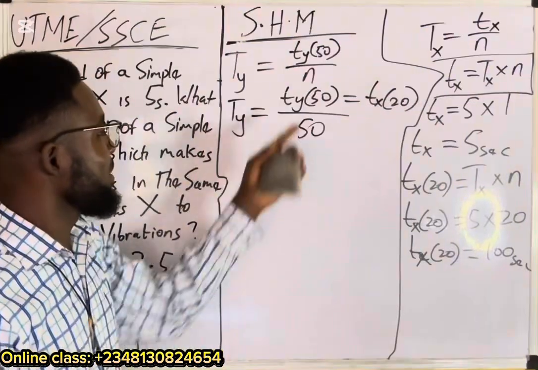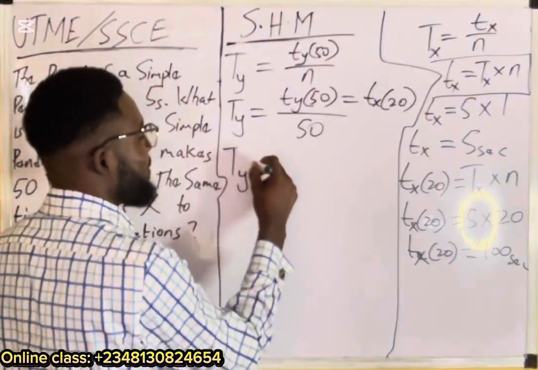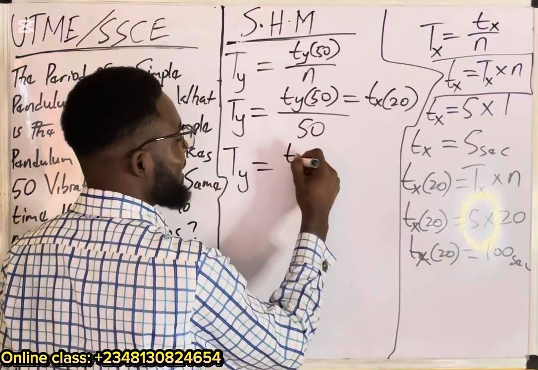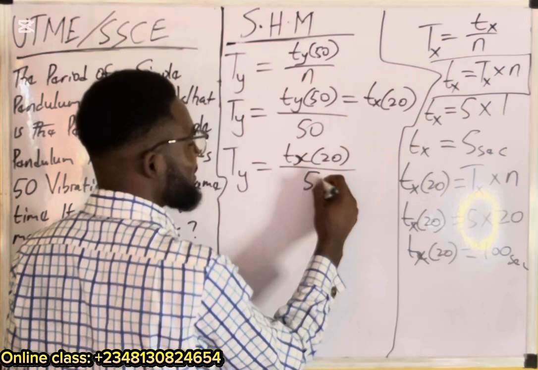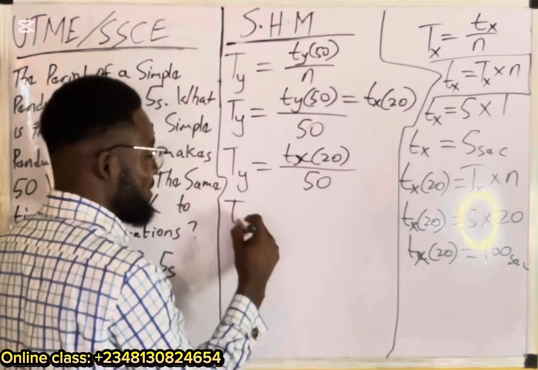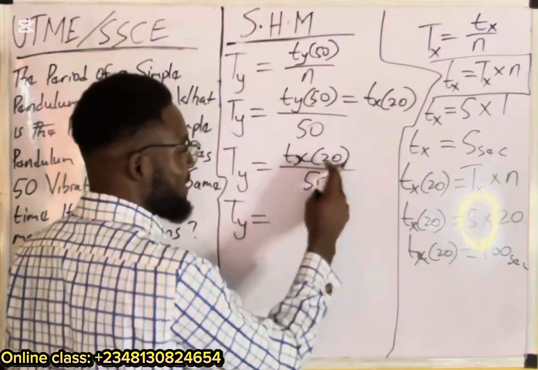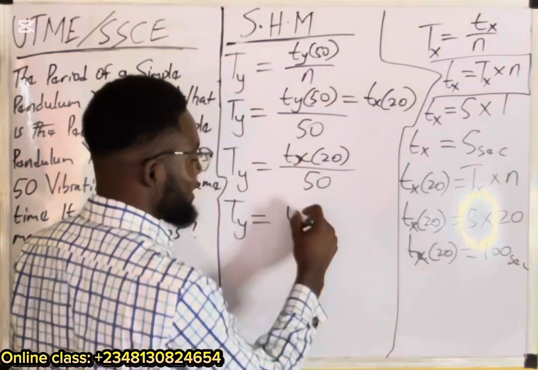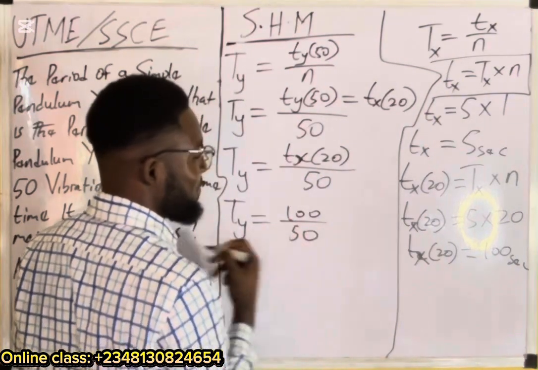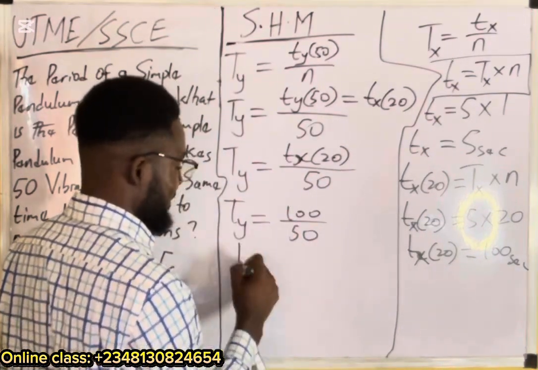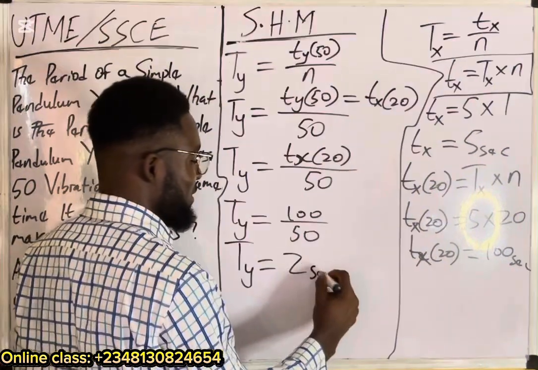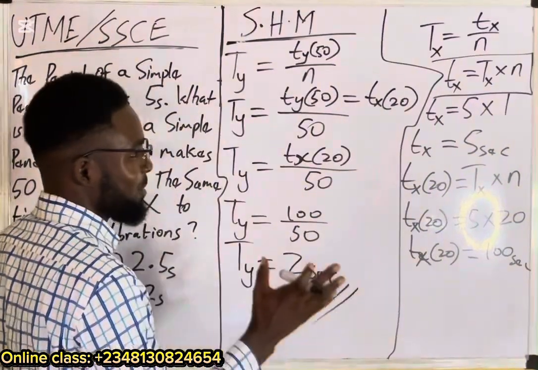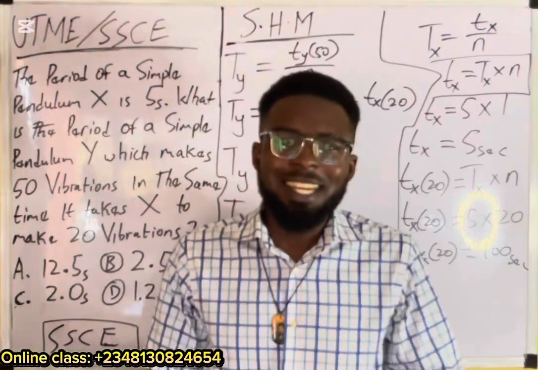So we just substitute it right here. Period for Y is equal to time taken for X for 20 oscillations over number of oscillations, which is 50. Therefore, the period for Y is 100 over 50. Therefore, the period for Y in this case is 2 seconds. You can see how simple it is.